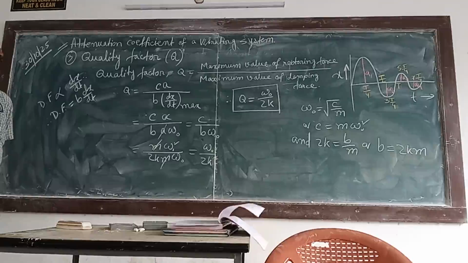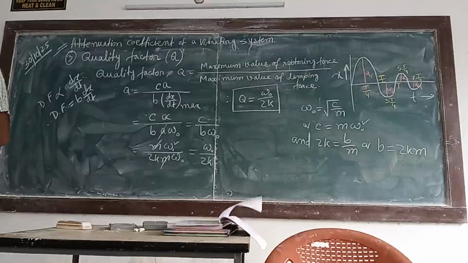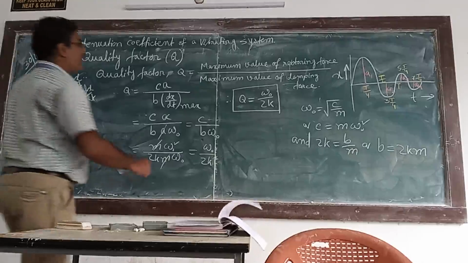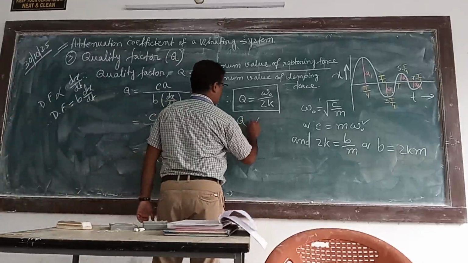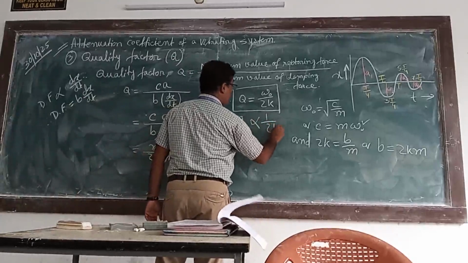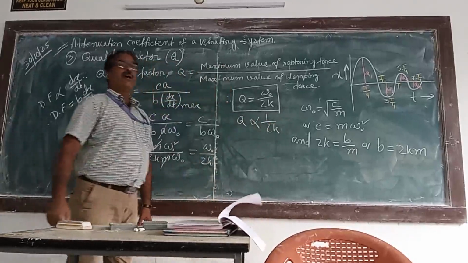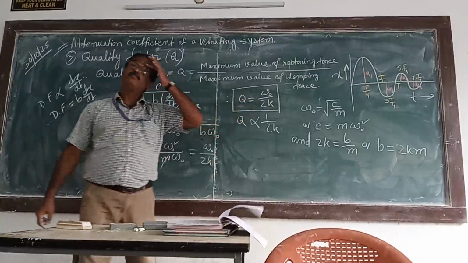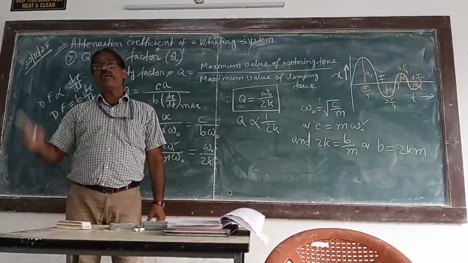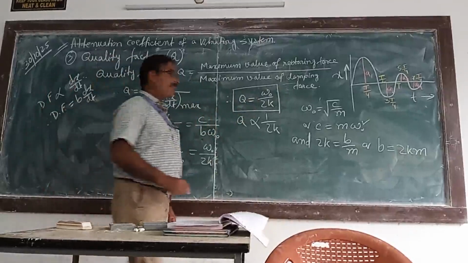Again you can see that as k increases, the quality of the vibration decreases. The attenuation coefficient measures how the amplitude of the vibration decreases. Q is proportional to 1 by 2k, and 1 by 2k is the relaxation time.